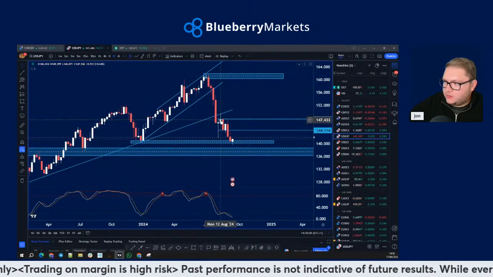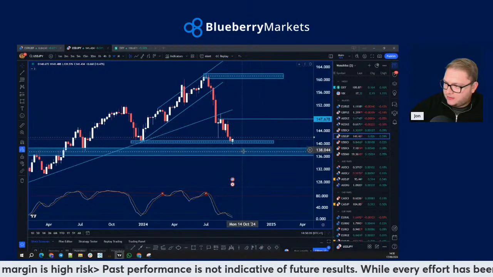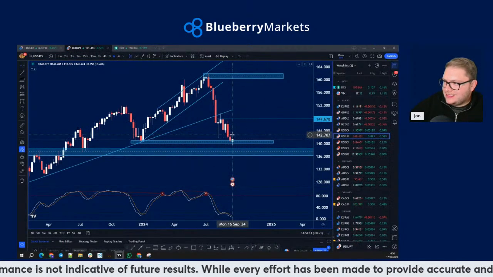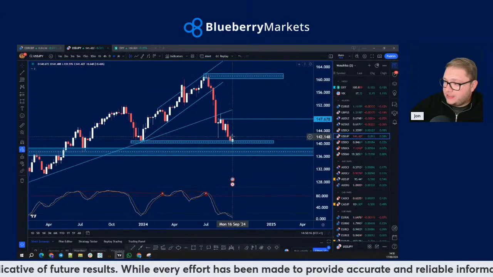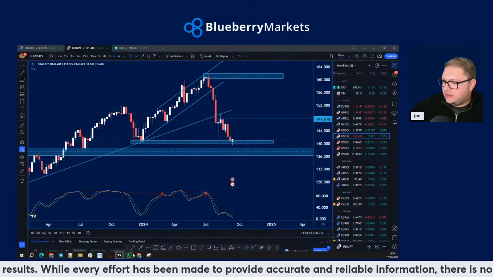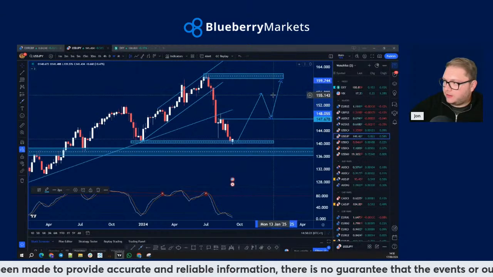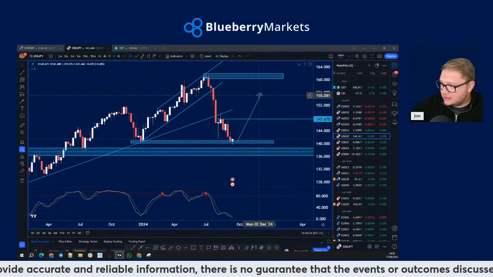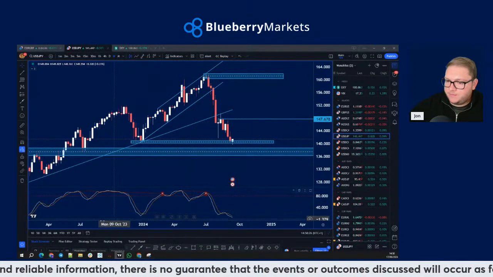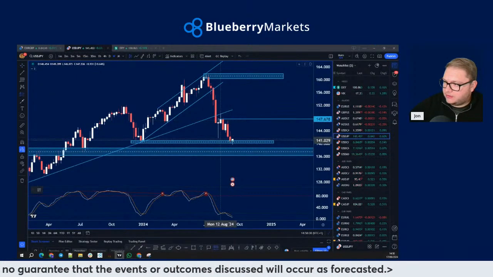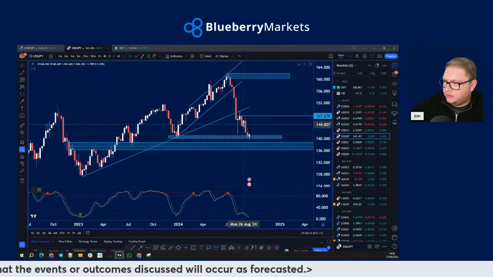Now, just because the Commitment of Traders report is saying that non-commercials are buying yen at aggressive levels, doesn't mean that we're going to get a huge reversal and the market come all the way back up into the 160s. I don't think that's the case, but let's think about the risk reward ratio tool, and let's say we want to be short dollar yen, right?